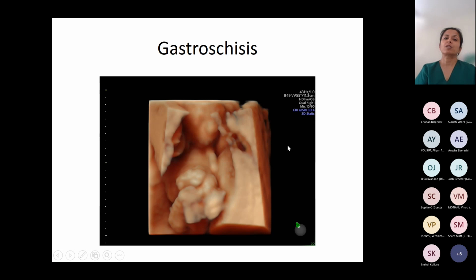So of course, with gastroschisis, it's a very dramatic appearance. But it's a simple solution: when the baby is born, you just push the gut back in and then close the defect. Very simple. But there are risks, which are that bowel can get strangulated.